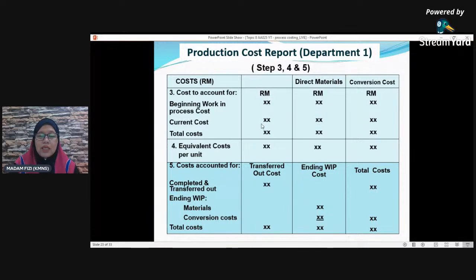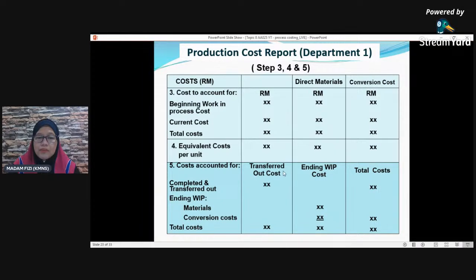Macam tu. Kita tengok dulu the jadual. Now step 4 is to calculate the equivalent cost per unit. And step 5 is for cost accounted for, completed and transferred out, plus ending work in process, that is, you take from the material and the conversion cost, equals to total cost.